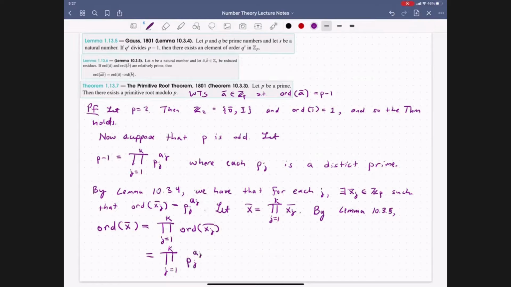But this is just equal to p minus 1 by construction. And so we have that there is an element of order exactly p minus 1. And so now we are done with the primitive root theorem, and so we have established this result.